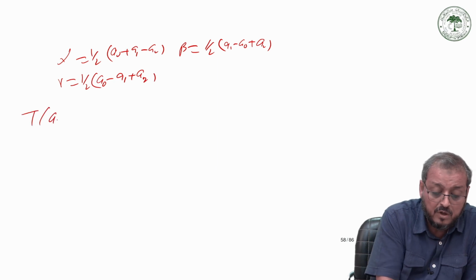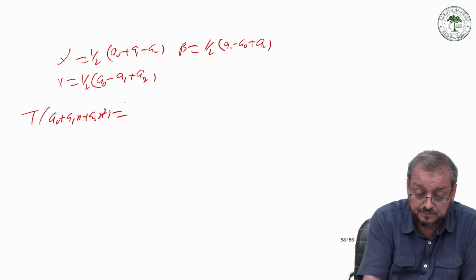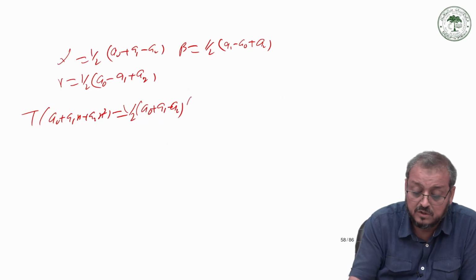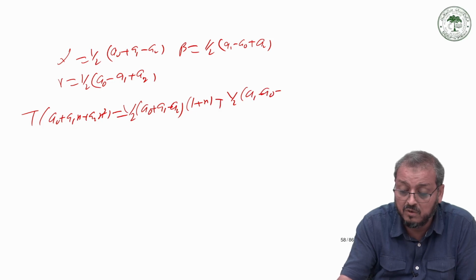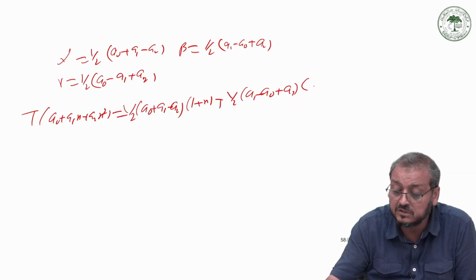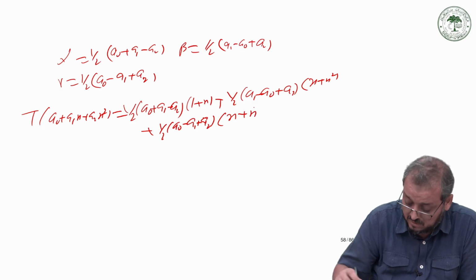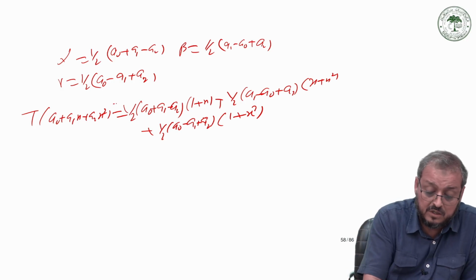So T of a0 + a1x + a2x² can be written in the form of this: alpha, which is 1/2 (a0 + a1 - a2), times 1 + x, plus 1/2 beta, which is (a1 - a0 + a2), times x + x², plus 1/2 (a0 + a1 + a2) x plus 1 + x². Okay, we have to operate T on this form.